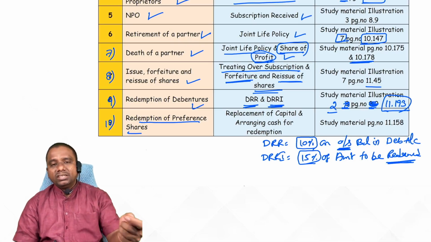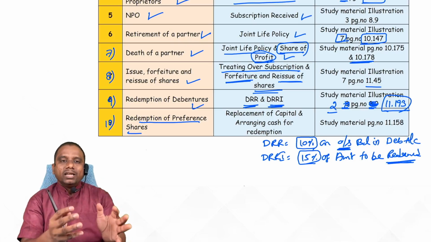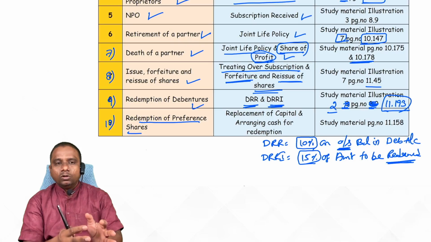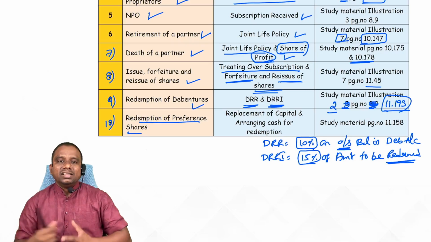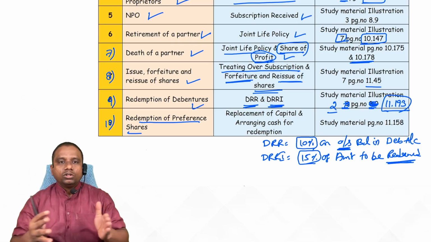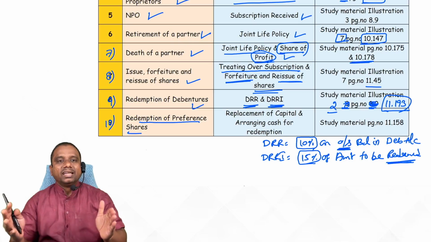When the preference shares are redeemed, first we have to replace the capital. For arranging the amount, you need cash. So to redeem, we need cash.